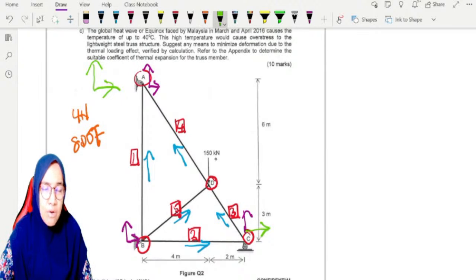That's why the degrees of freedom in a truss we only count in the X and Y directions. And at joint D, we have to put another 2 degrees of freedom.